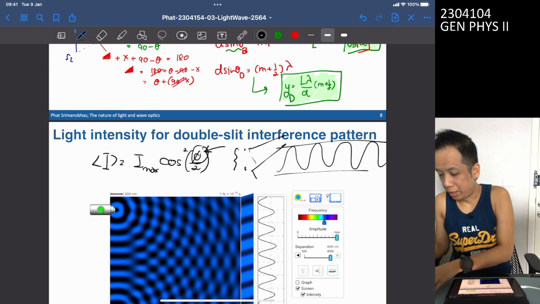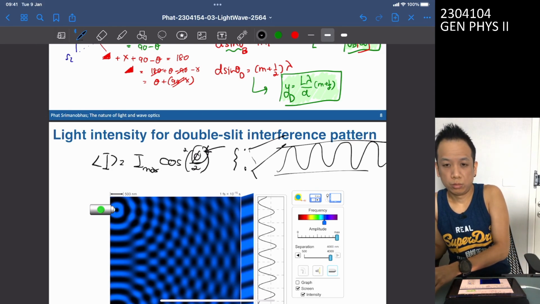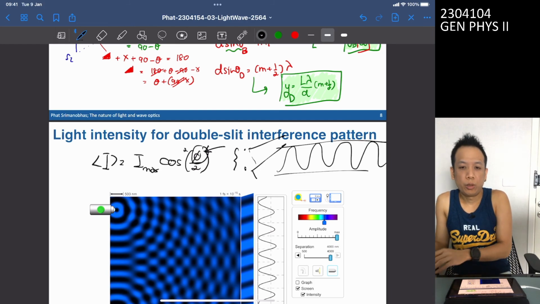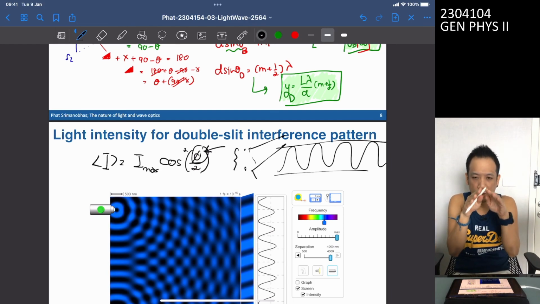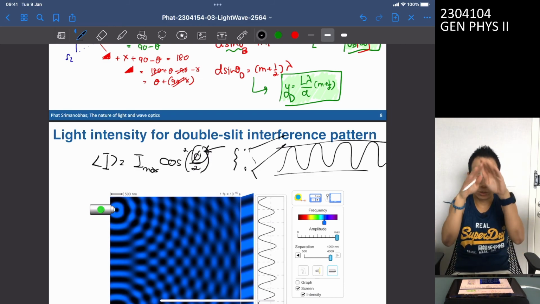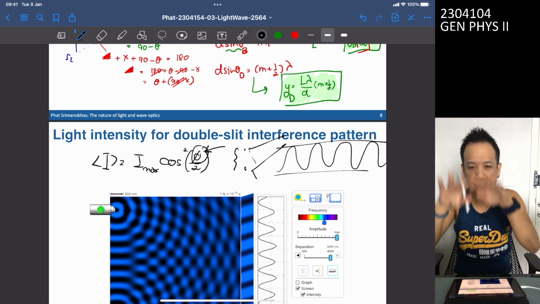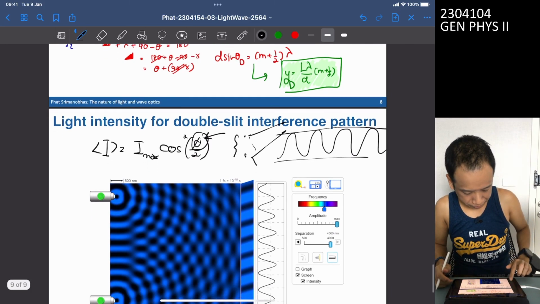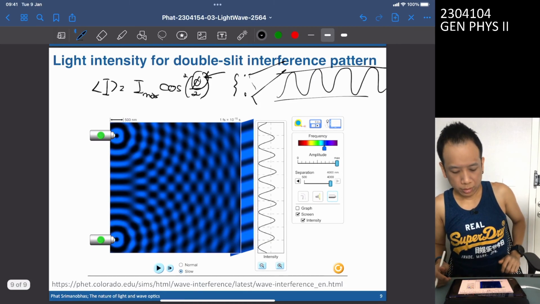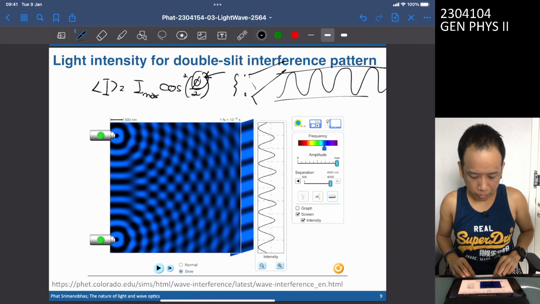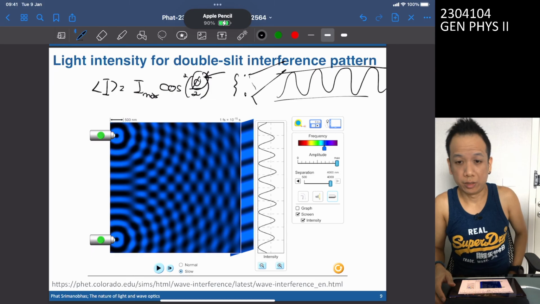This is what I was trying to talk about. You don't really see the slowing down of the intensities as it spreads. In the central region you still see it, and off from the central you still see the same intensities. So this is the intensity of the double slit interference patterns.